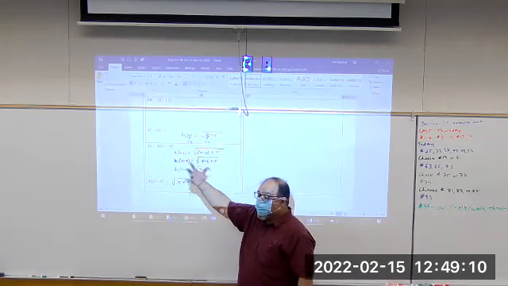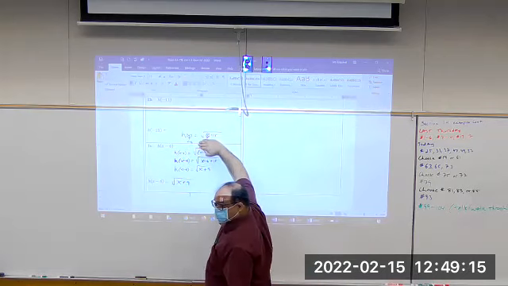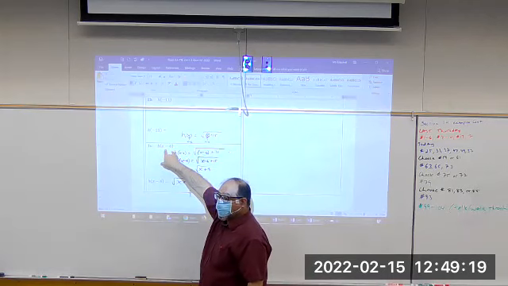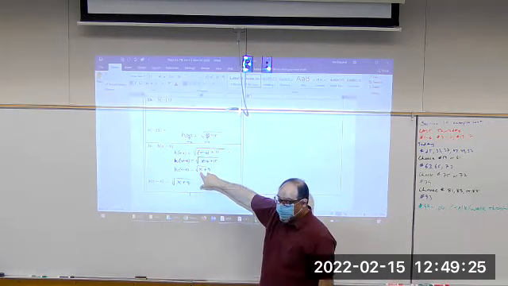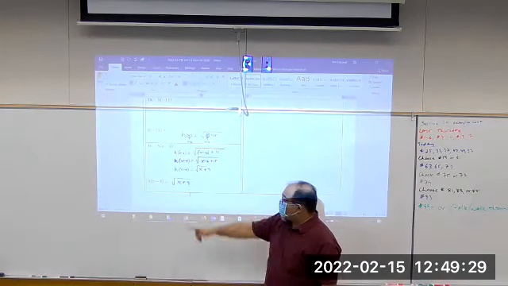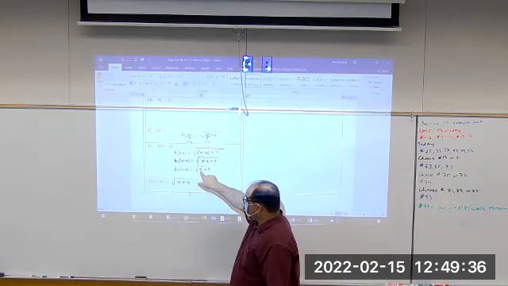So in other words, we know what h of x is. It's the square root of x plus 15. So what's it going to look like if I plug in h of x minus 6? H of x minus 6 is now going to simplify and be the square root of x plus 9. So if I plug in 12 over here, 12 minus 6 is 6, the answer would be 12 plus 9, the square root of 21.